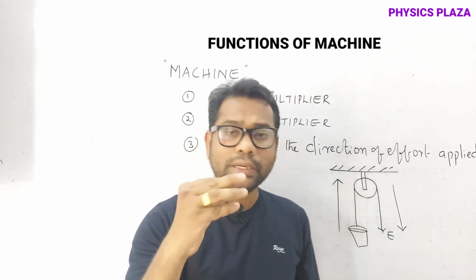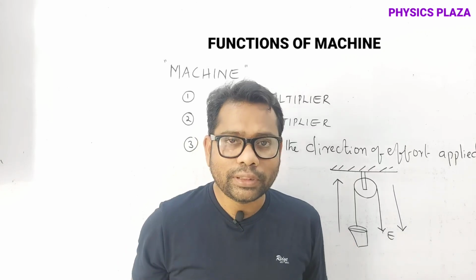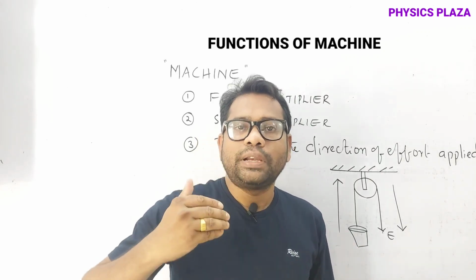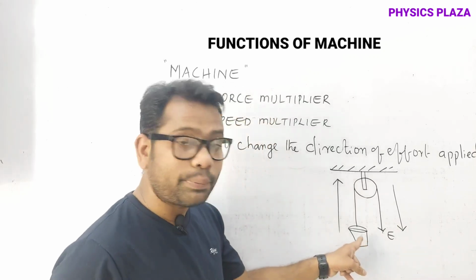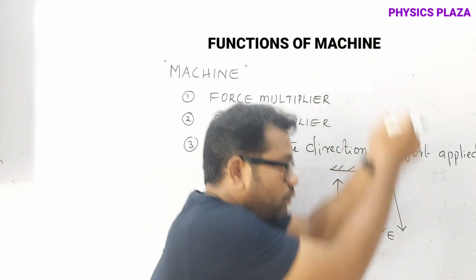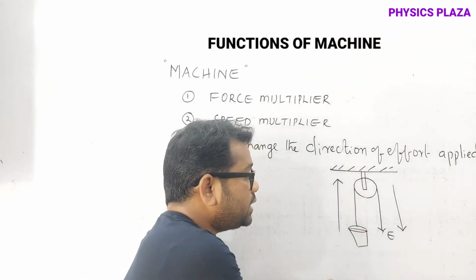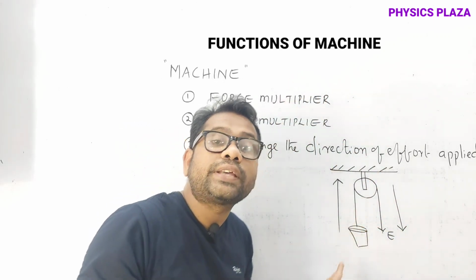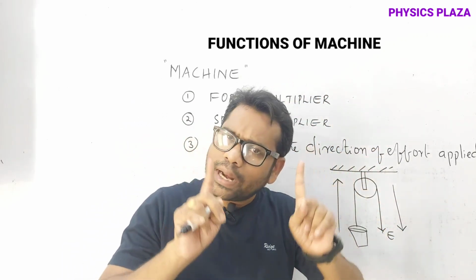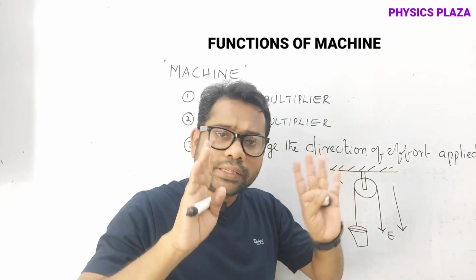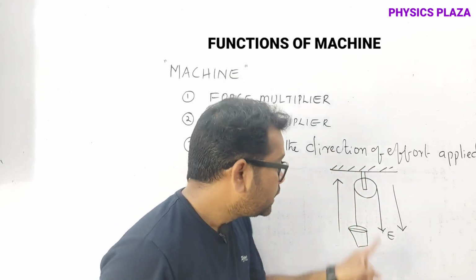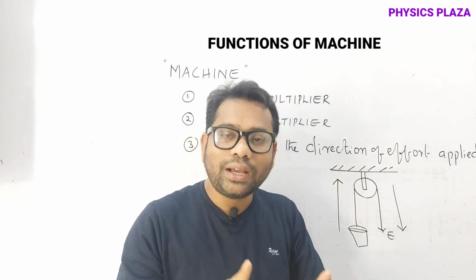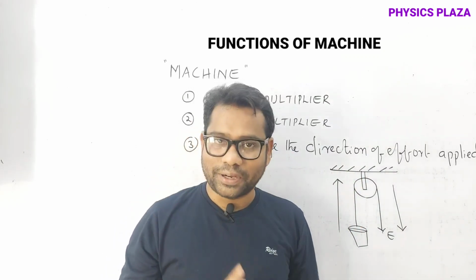We learnt in chapter 1 that whenever you apply force, in general, bodies will be displaced in the direction of the force. But here we are applying the effort downward, yet the load is lifted vertically upward, as if the effort is acting upward. But this single fixed pulley, the so-called machine, is changing the direction of effort applied.